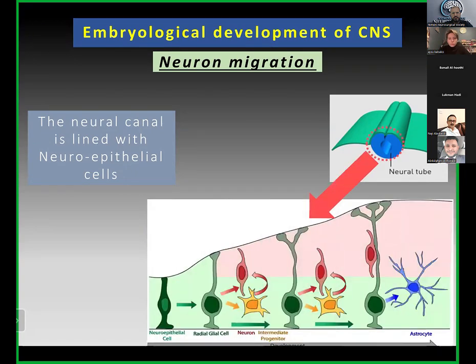As we see here in this diagram, on the left, one of these cells is the neuroepithelial cell. These neuroepithelial cells, which surround the neural canal, will differentiate into an important type of neural cell, and a very important cell in the development of the central nervous system, called the radial glial cells.